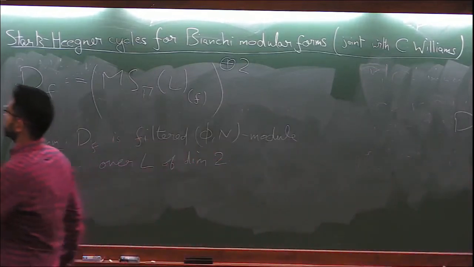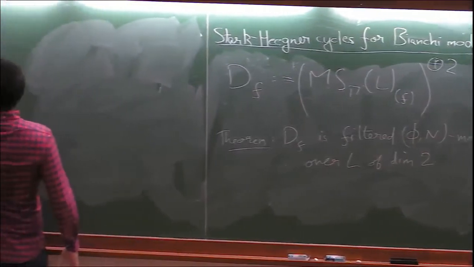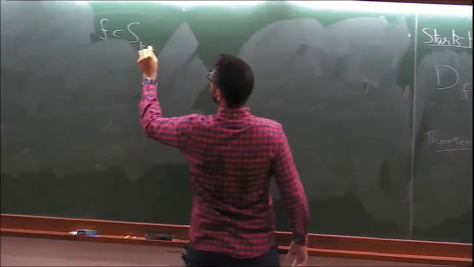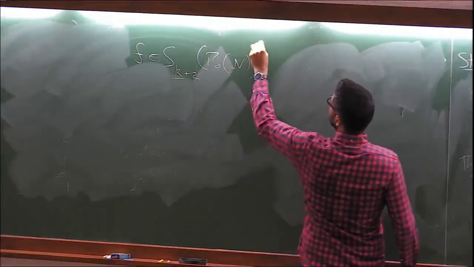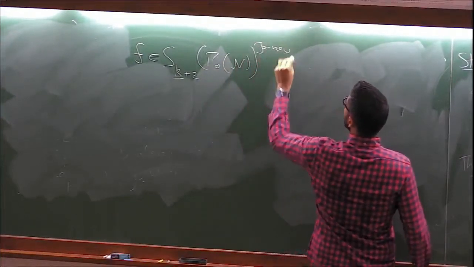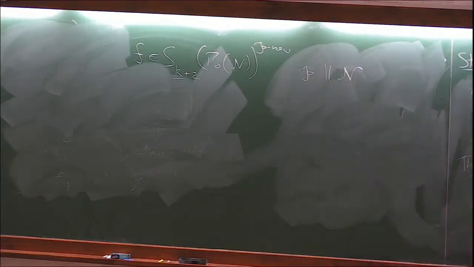So let me just take an interlude and set up some stuff here. Our Bianchi form was of parallel weight 2, with nu at P, so P exactly divides the conductor now.